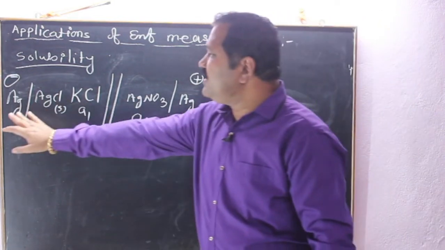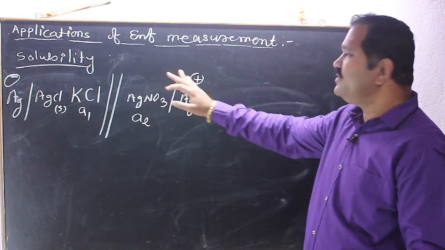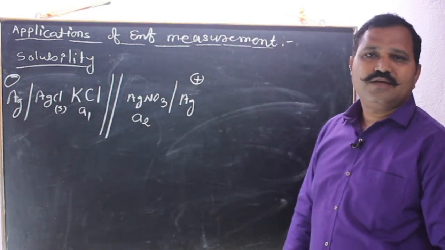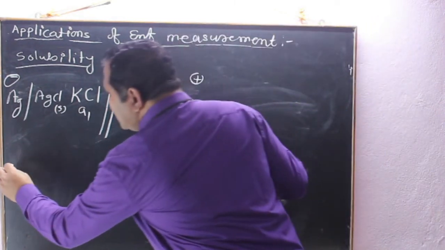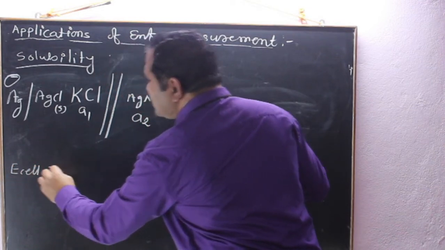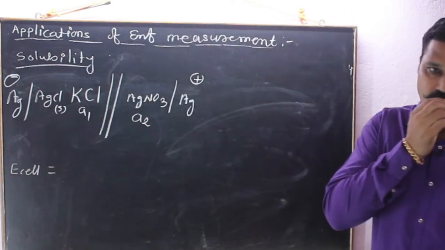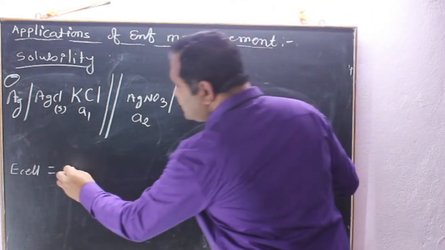The cell reaction is Ag gives Ag plus, here Ag plus gives Ag. Now, what is the EMF of this cell? E cell is equal to E naught cell is 0.